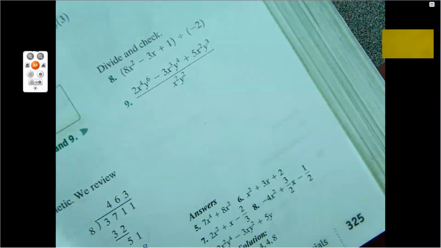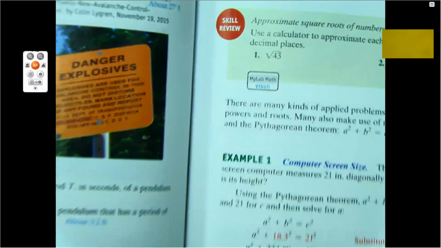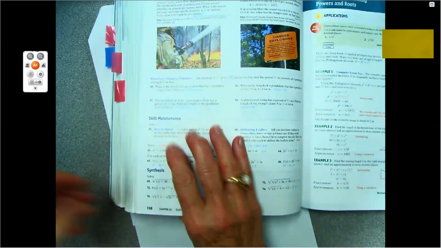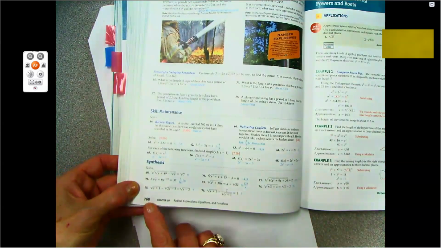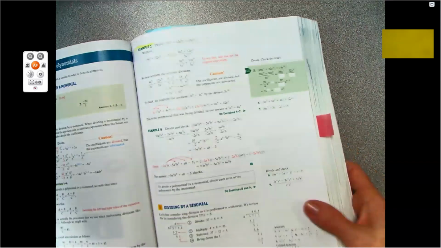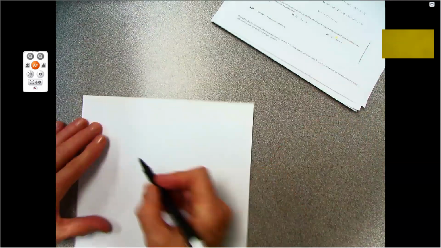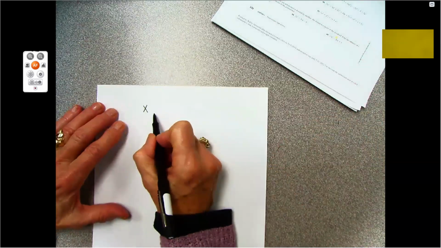325. Okay. I'm going to open my book again. And facing pages, this one is 768. So its facing page number is 769. Okay. So I have facing page numbers. If one page is X, well, let's see.